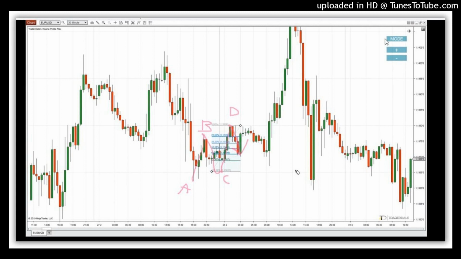Is the C, and this line is the D. When the price hits it, it's the point D. So you go from A to B, B to C, and C to D, and from D you go long. From this level.